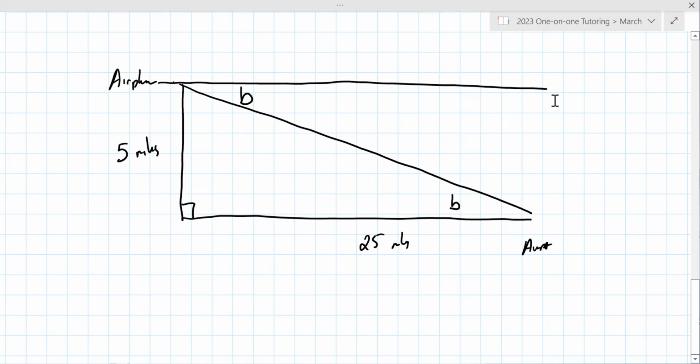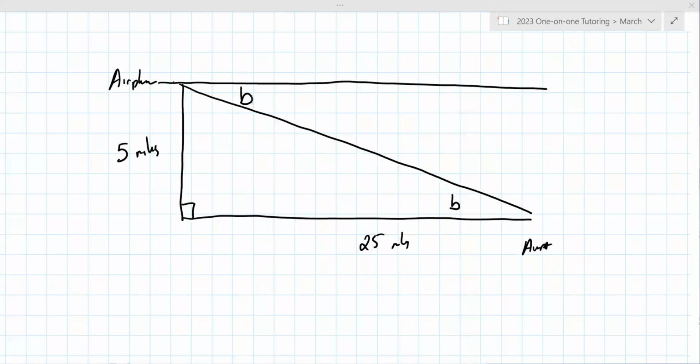Using the given information, we know once again it's opposite and adjacent. So that would be tan, and then that would be 5/25, which would be 1/5. And then that would be tan inverse of 1/5.